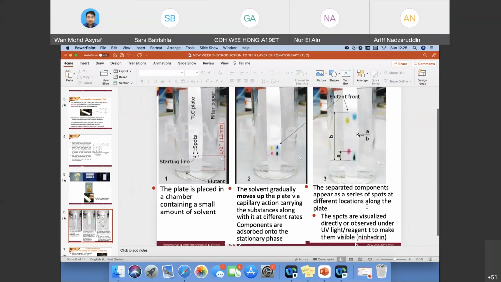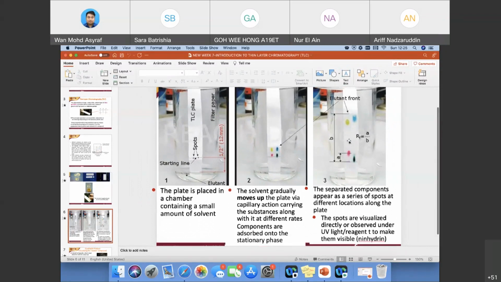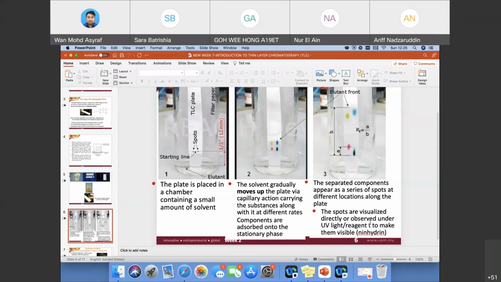Because there is a formula for you to calculate the movement from the place where you spot it up until the eluent front. Usually the spots are visualized directly if they are visible, if there is a color. If invisible, you can observe it under UV light, or use a reagent to make them visible. In this case, usually we use ninhydrin.